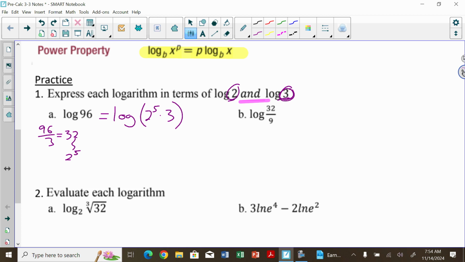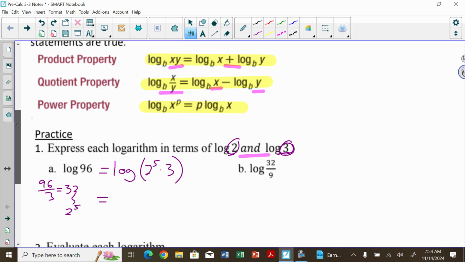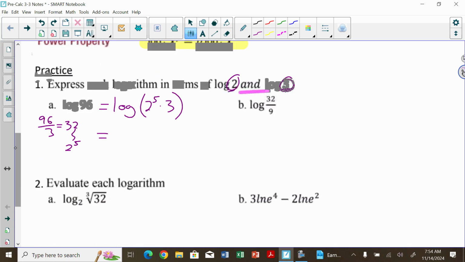So now, because of that, I can look at the product property up here. Because they're multiplied, I can split them up and add them. I can say log of 2 to the 5th power plus log 3.